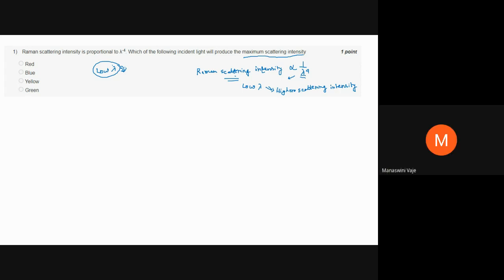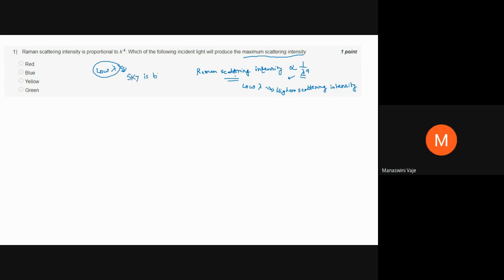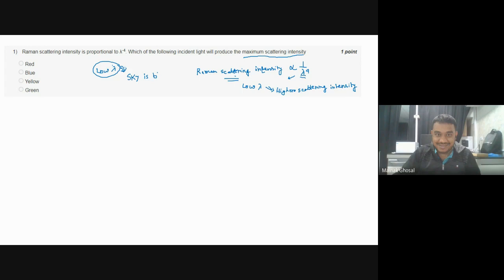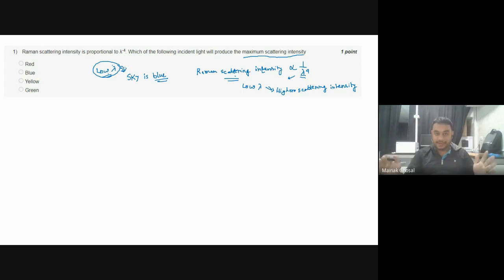No. Okay, so what is the color of the sky? The blue. Why blue? Because blue has low lambda and hence the scattering intensity will be maximum. So you see this blue color most.